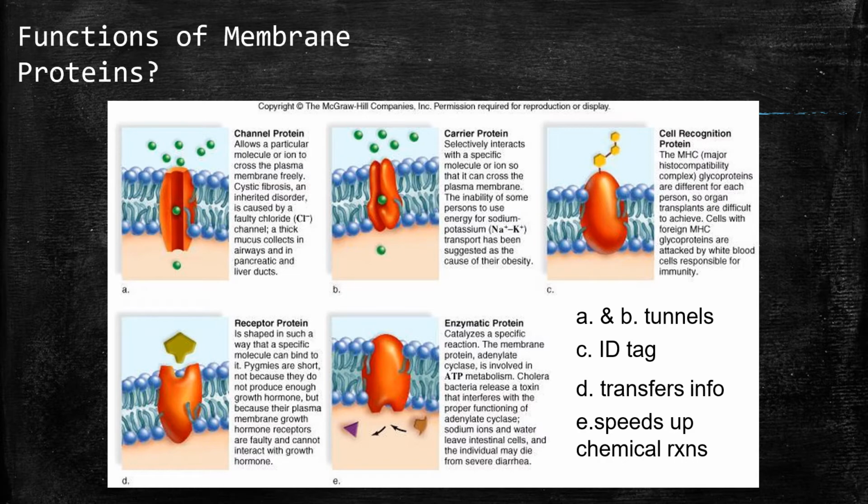We're going to talk more about this in our next lecture when we talk about cell-to-cell signaling. How does one cell talk to another? It transfers information via these receptor proteins. And then E is our enzyme proteins, and we talked a little bit about those. Basically these just speed up chemical reactions within the cell.